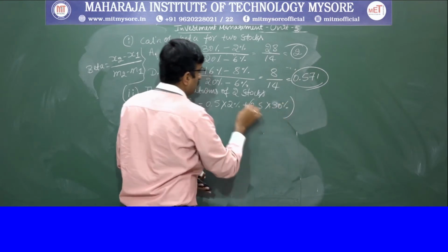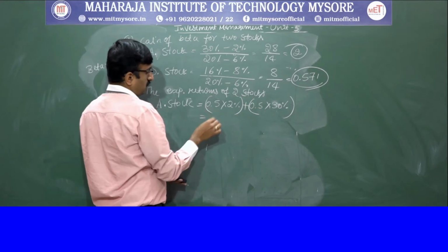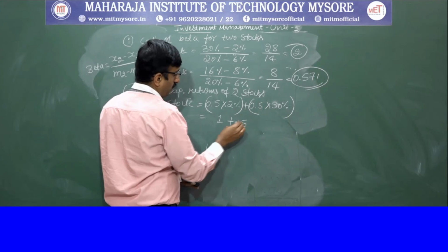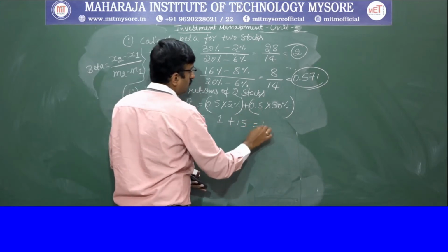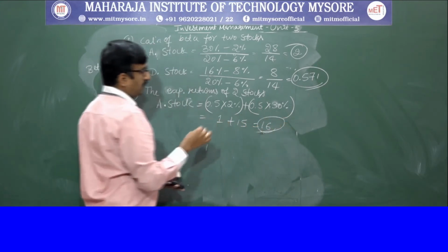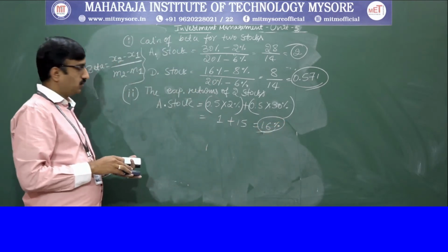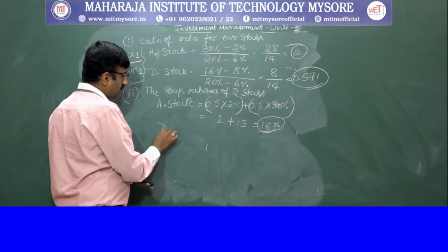You do it like this, and you will get 16. The expected return of A is 16%. Hope you understood. Do the same thing for the defensive stock.